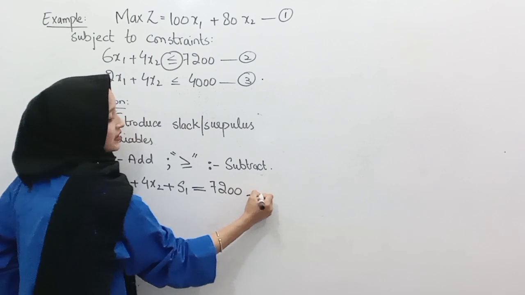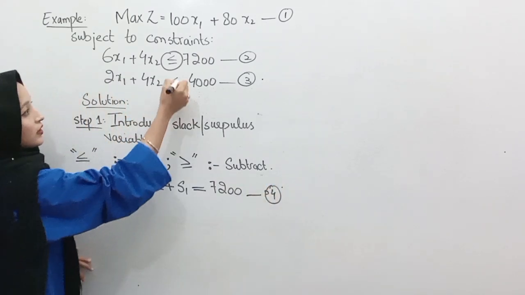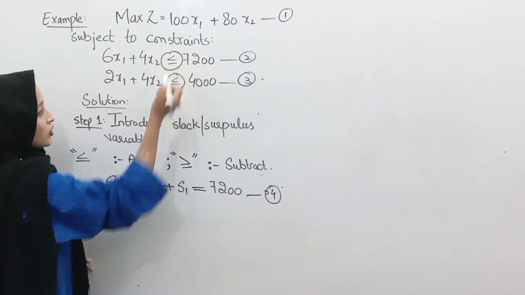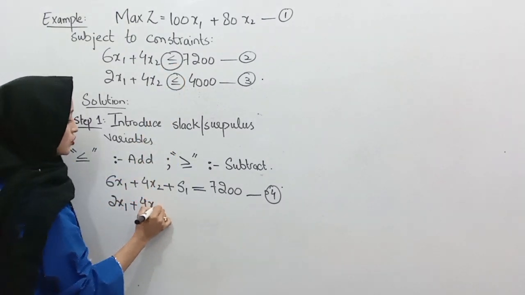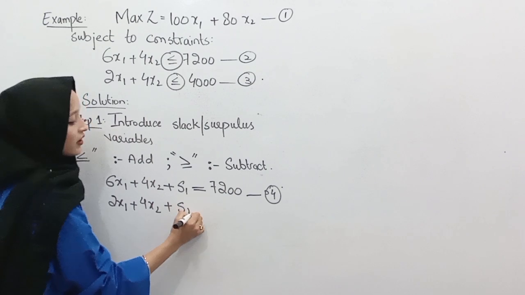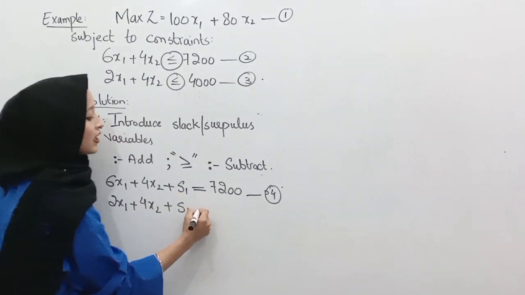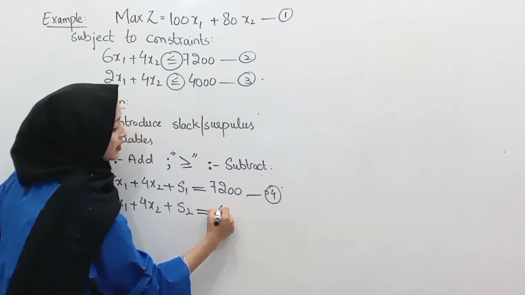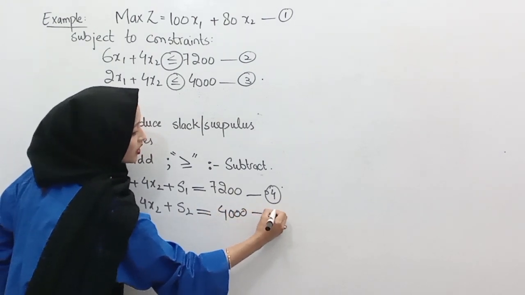Let's say this is equation number 4. Also, there is again a less than or equal to sign, so we use 2x1 plus 4x2 plus s2 here, because we have already used s1, so we use s2 here, and write an equals sign and the solution, that is 4000. Let's say this is equation number 5.